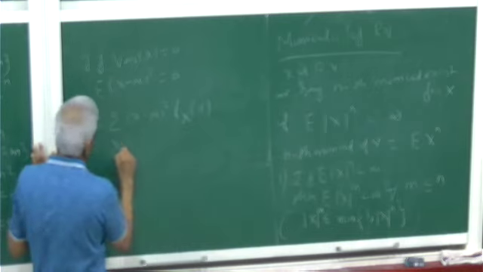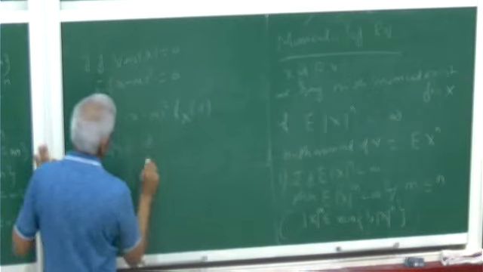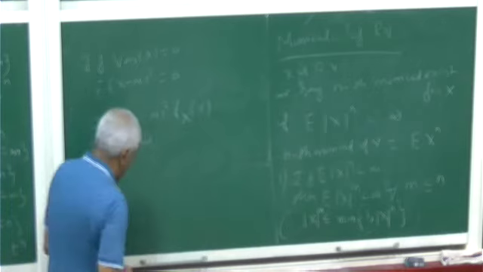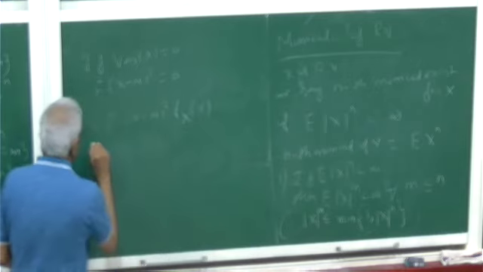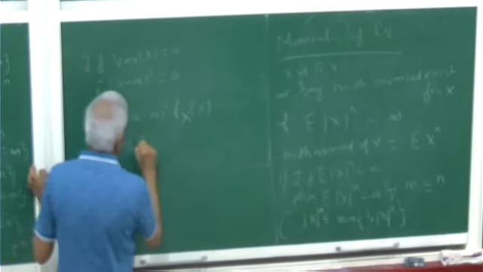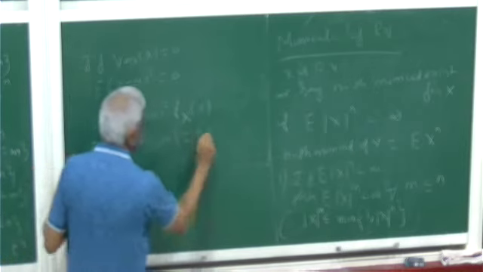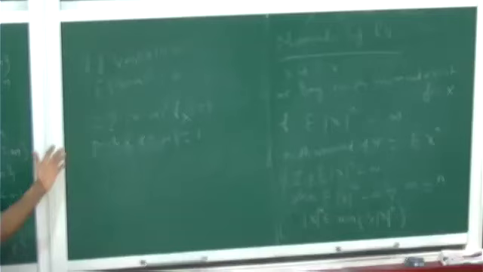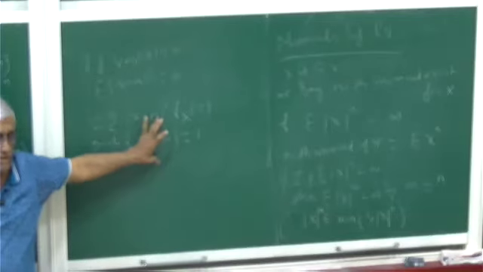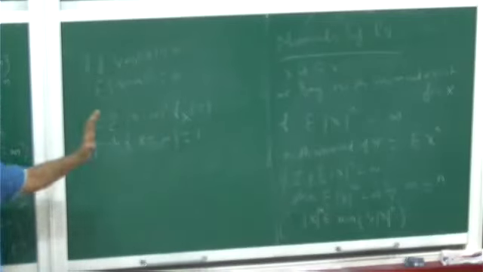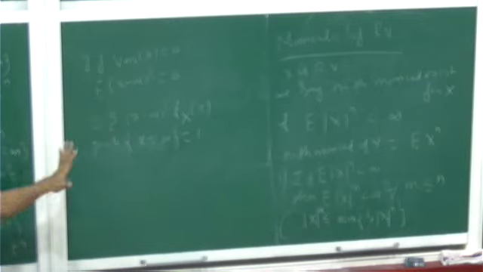This implies x equal to mu almost surely. The probability of x equal to mu is 1. So if variance of x is 0, then x is equal to mu almost surely.